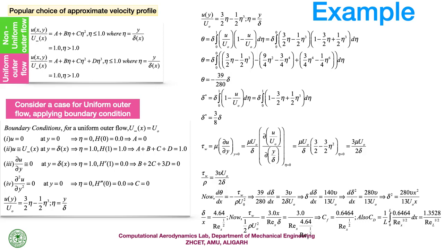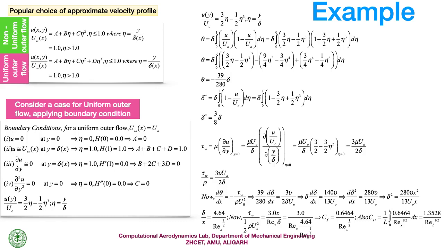Now from this, if I multiply and divide by x and use the definition of local Reynolds number, Rex equal to u infinity x by nu, this comes out to be delta by x equal to 4.64 Rex raised to the power minus half.